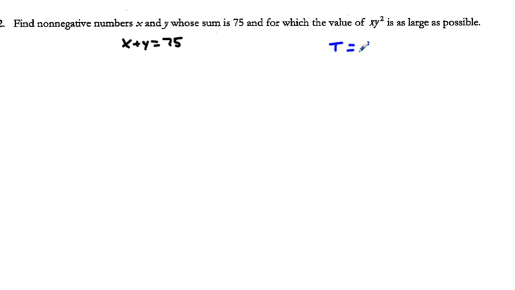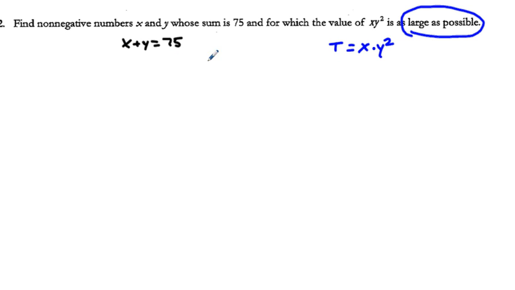We'll say t is x times y squared. And we're going to work these two equations together to make one to maximize, and the one we want to maximize is this one on the right, because we want to make the product of x and y squared as large as possible.